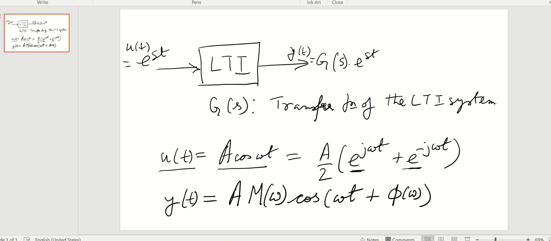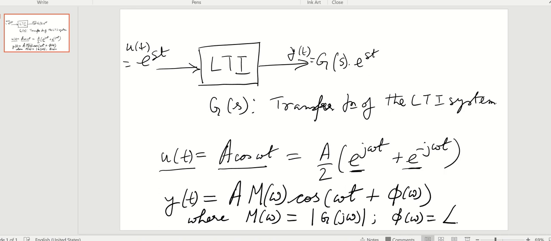We've already seen this in the previous class, where of course m of omega is equal to the magnitude of g of j omega, and phi of omega is equal to the phase of g of j omega. Right?